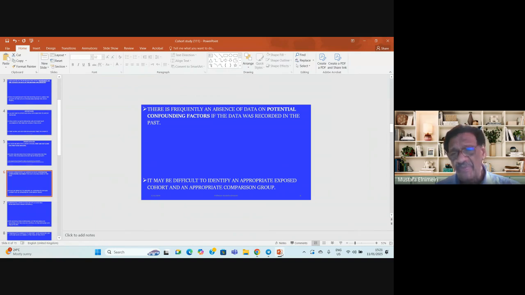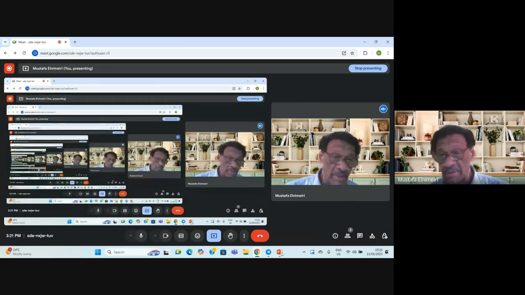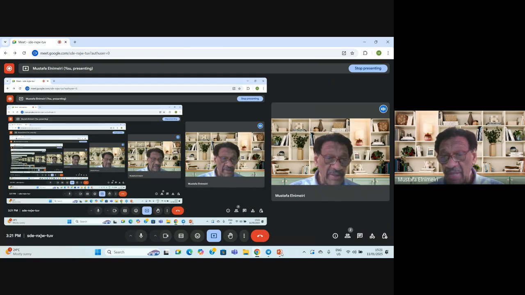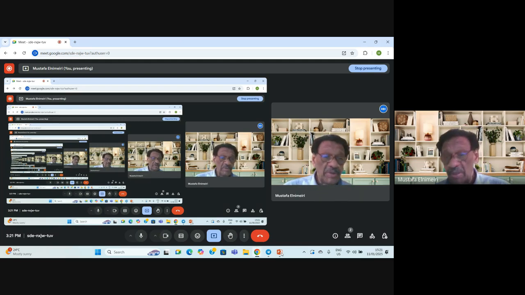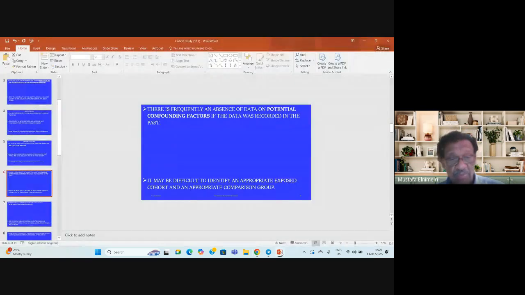It may be difficult to identify an appropriate exposed cohort and an appropriate comparison group. This is usually a difficulty: you have an exposed group, and then you need a control or comparison group so that you can make comparisons for the exposure and the outcome in both groups.